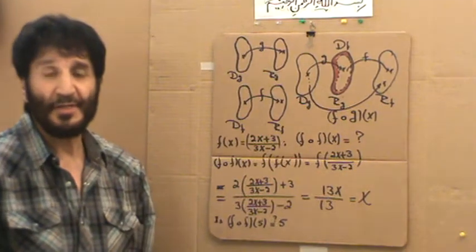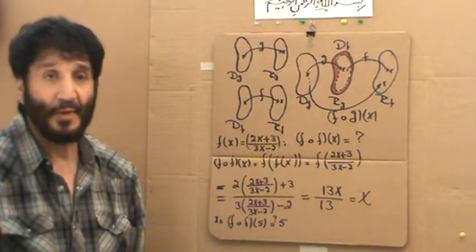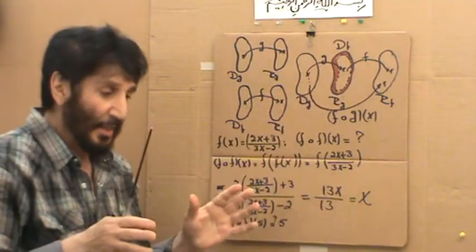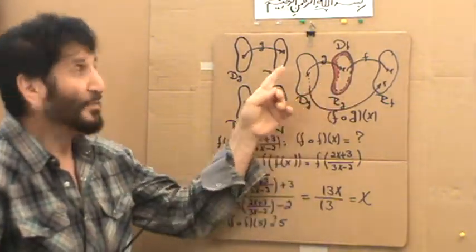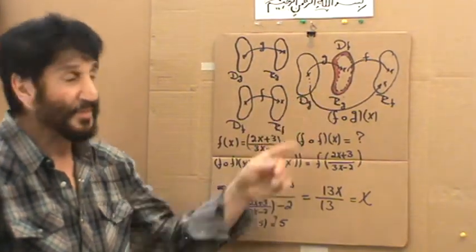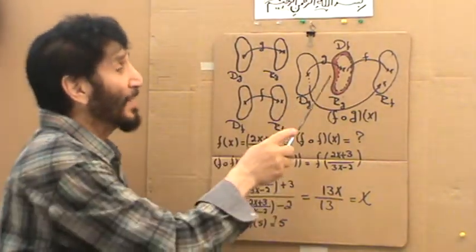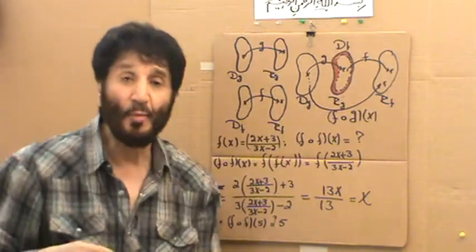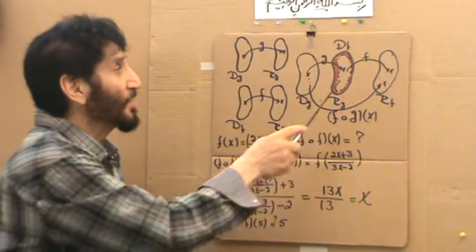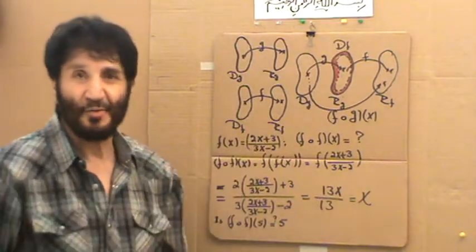It looks like the function is not eating all the elements of its domain because the domain of f is now concentrating on the range of g, which is a proper subset of that. So in that case, we say that the domain of f will be restricted. Those that were outside are not going to be counted.